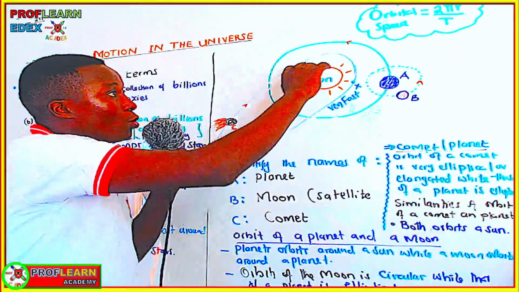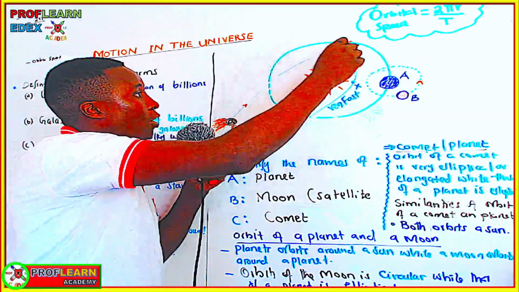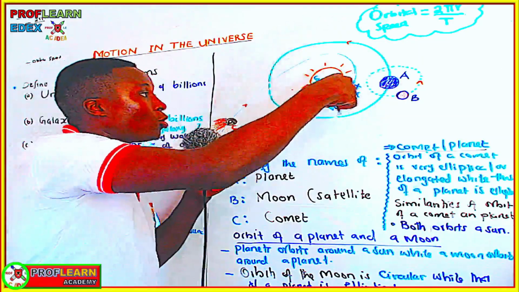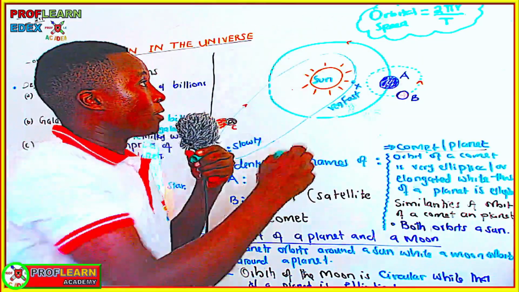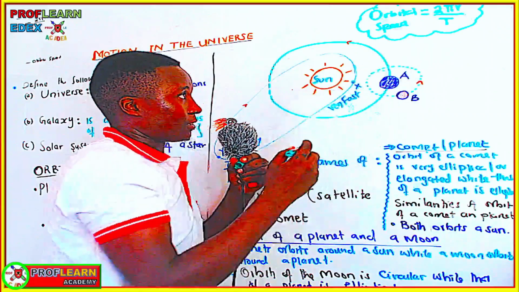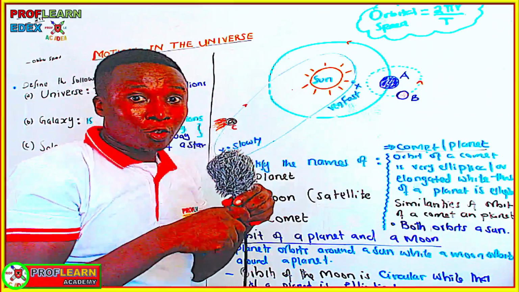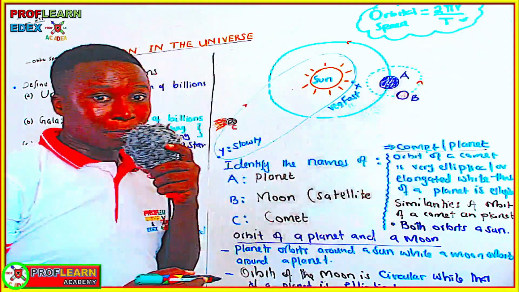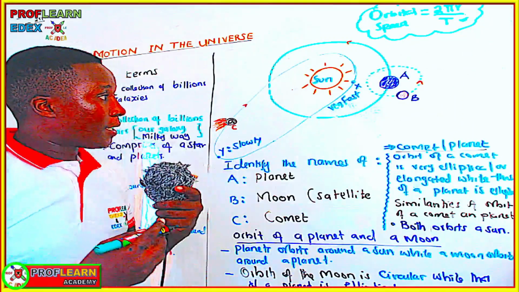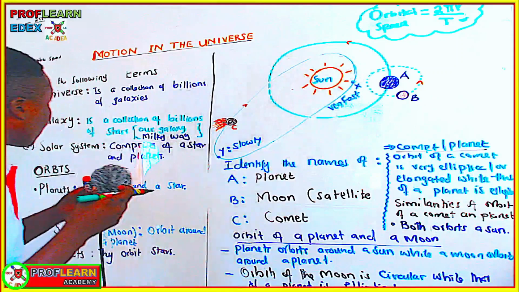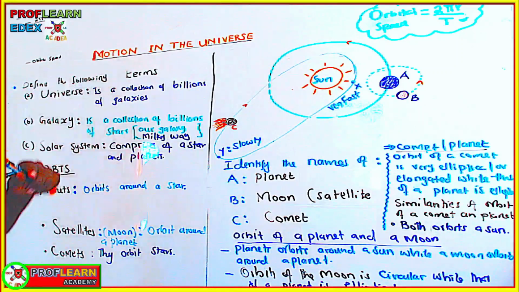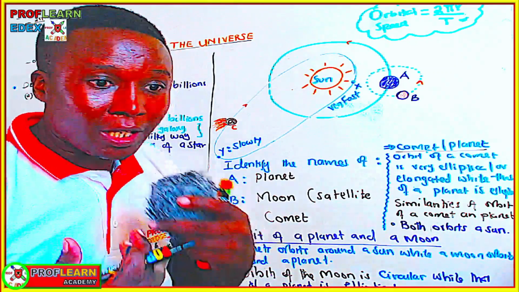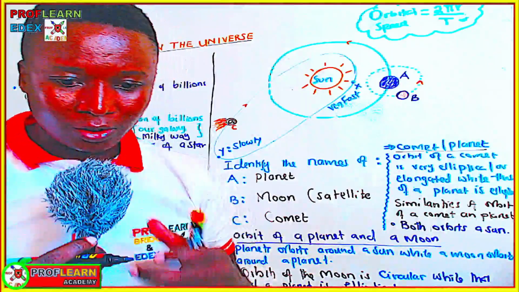T is the duration this object takes to go around its orbit once, and r is the radius of the orbit. You also need to know how to work out these questions, so that whenever a question comes on motion of the universe, you'll be able to answer it.